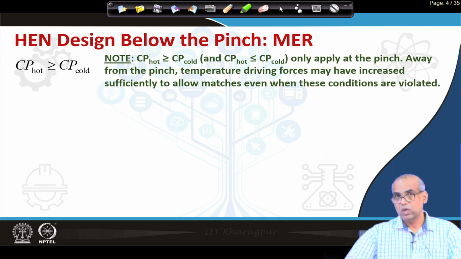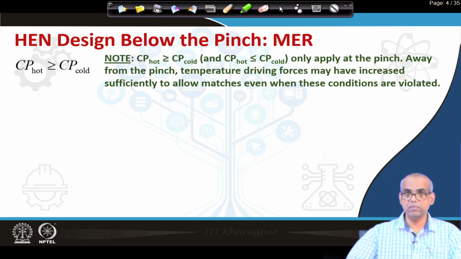Of course, we must find out the temperatures finally to make sure that there is no violation of delta T minimum, but the conditions on Cp values are strictly applicable adjacent to the pinch.